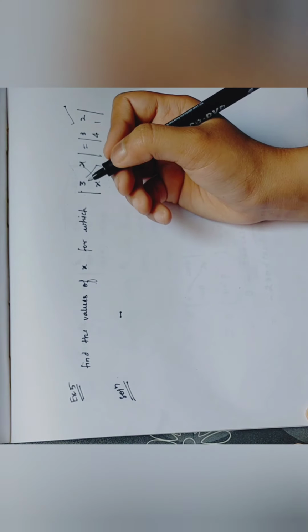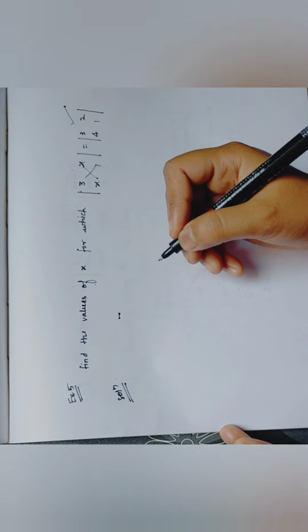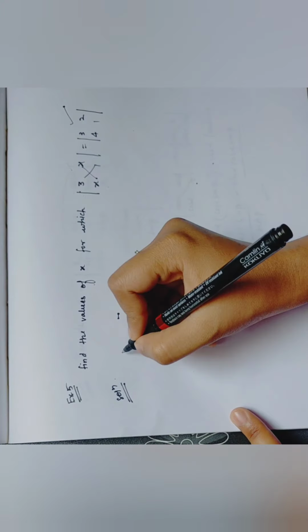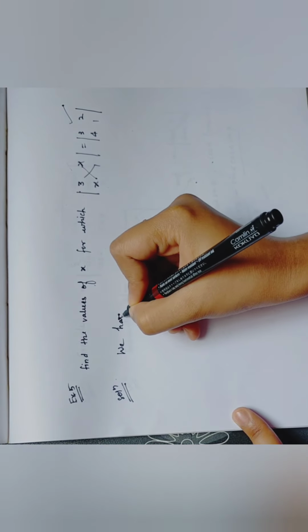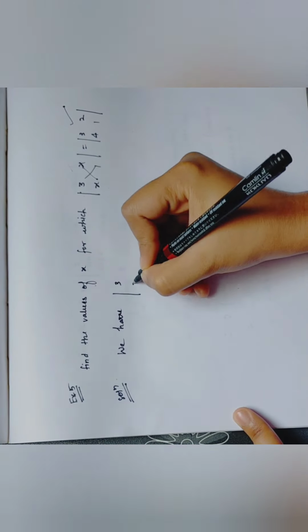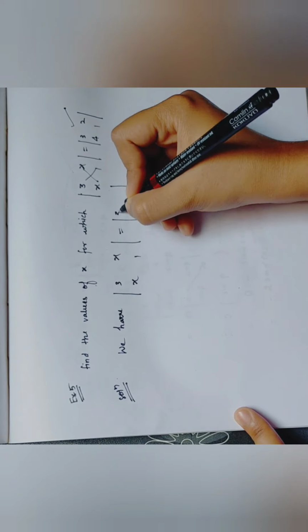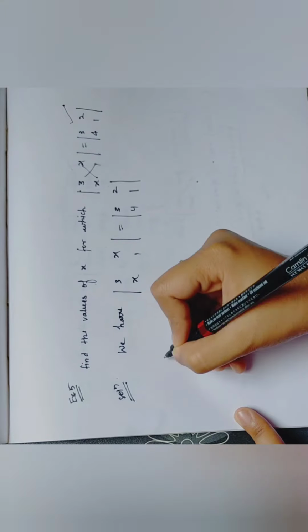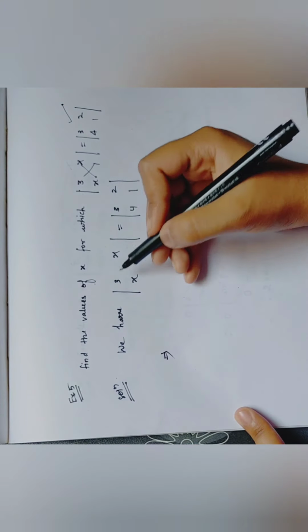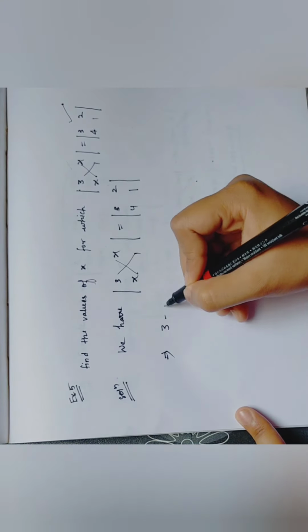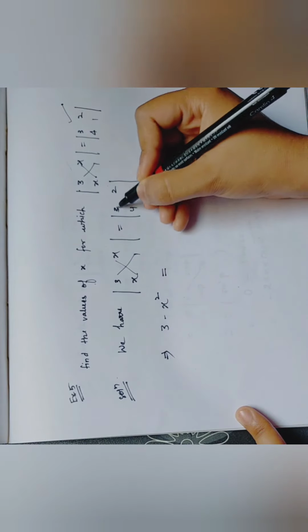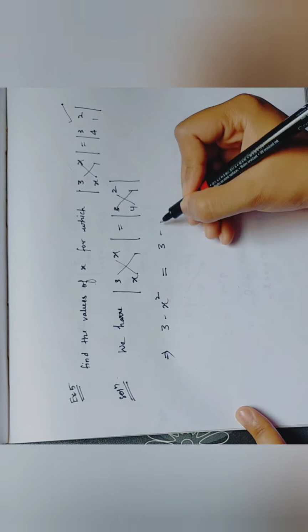So we should write the language also, otherwise it will create a problem for you. So we already have determinant form in equal condition. Now I will write this implies. So I know cross multiplication, 3 minus x square is equal to 3 minus 8.